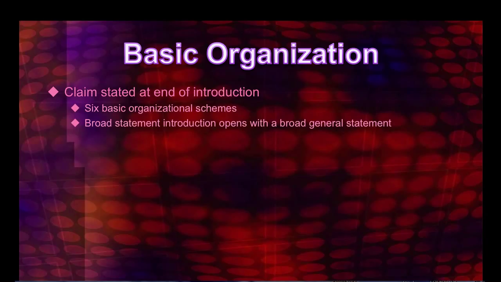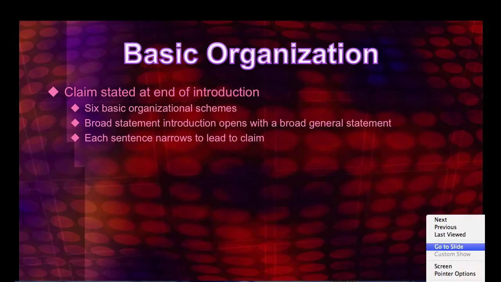For paper 1, and most likely in most cases for paper 2, and for most academic papers that you write, you'll use something that's called a broad statement introduction. And it opens with a broad general statement. And then each sentence in the introduction becomes more specific, and it narrows so that it leads directly to the claim that's going to be in your paper, and the claim is stated at the end of the introduction.